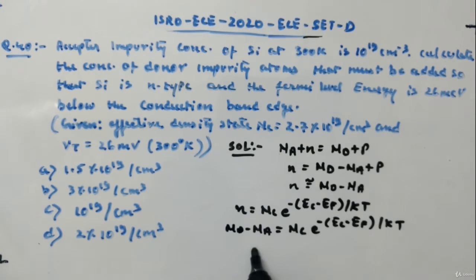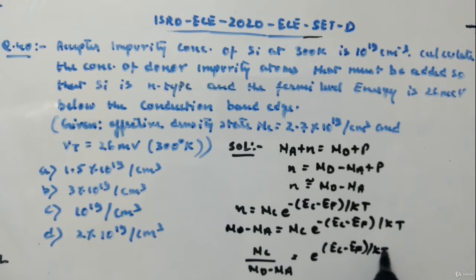So if I rearrange the terms, what I get is Nc divided by Nd minus Na will be equal to e to the power Ec minus Ef divided by Kt. Okay, I hope I am doing this right.